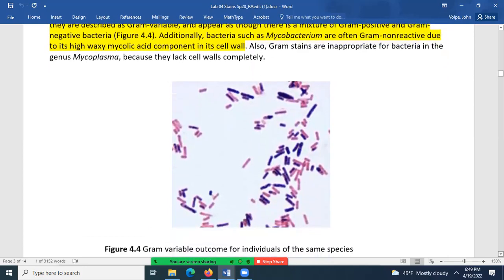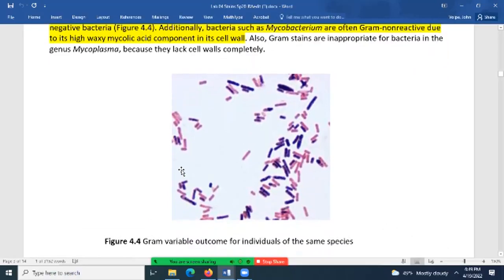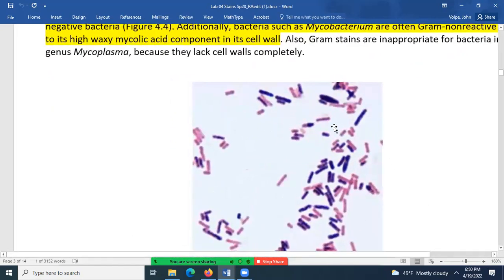Sometimes when you stain the mycobacteria, you may get this color, where it looks like some are gram positive, some are gram negative, even though there's only one species here. What do you notice about this cell in particular, and that cell a little less, compared to that cell and this cell?